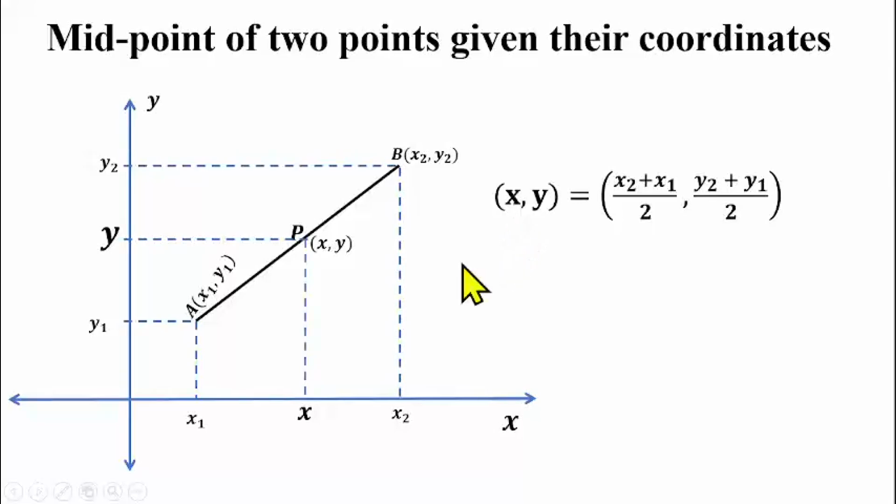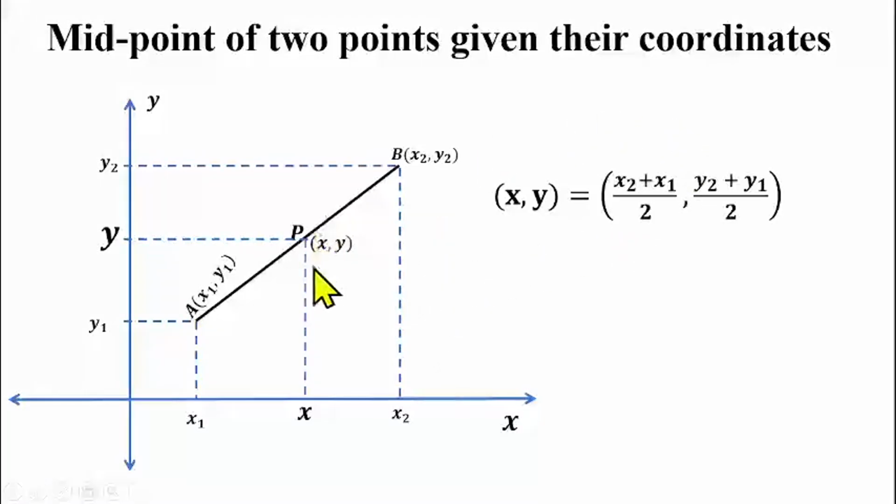To get the midpoint of any 2 points, all we need to do is to add the x2 in the second point plus the x1 in the first point. We now divide it by 2, comma, then the y2 plus y1 divided by 2 will give us the coordinate of the middle or the midpoint of the 2 points.